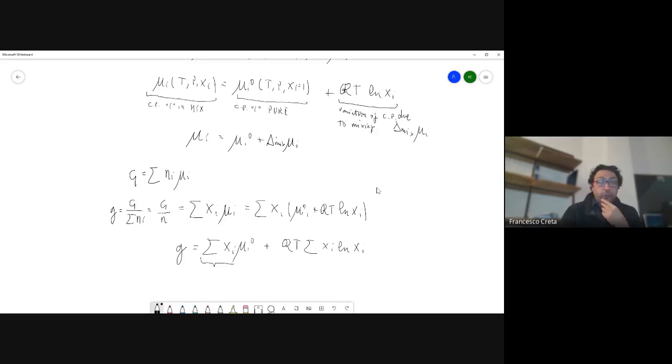This is usually called G0, the standard molar Gibbs energy, and it refers essentially to the pure components. And this is what we call the mixing Gibbs energy.